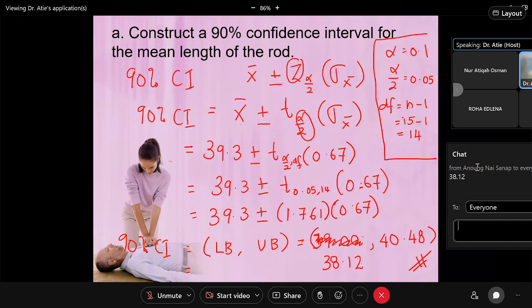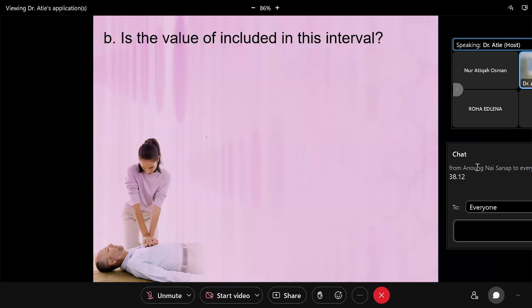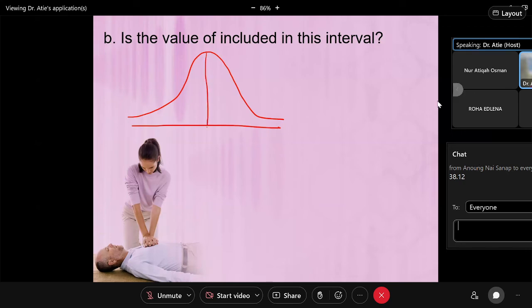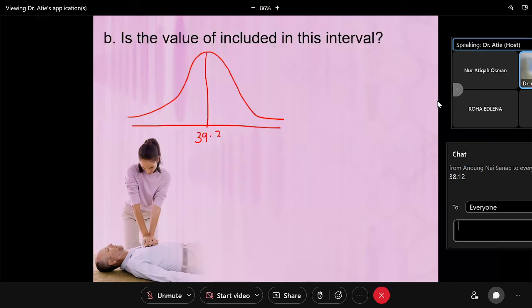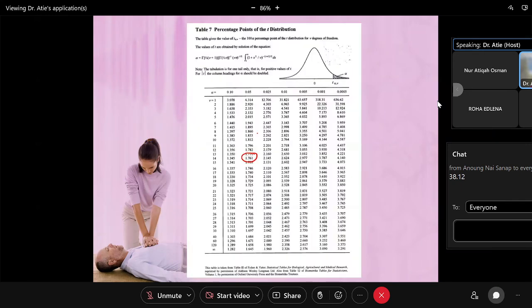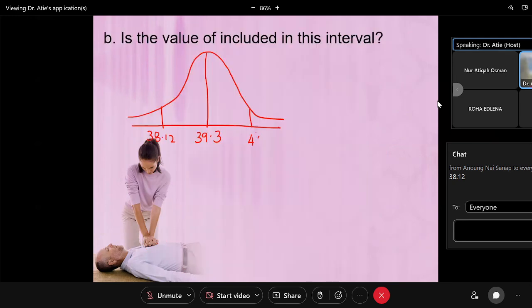So what does it mean by 90% confidence interval? It means that this is what happens when we draft it. The mean is 39.3, and then the lower bound is 38.12, and the upper bound is 40.48, right?